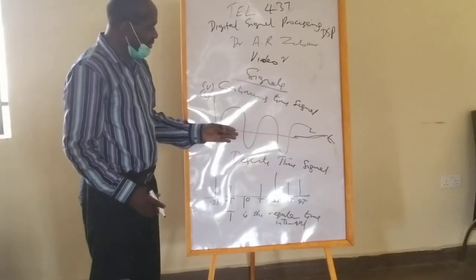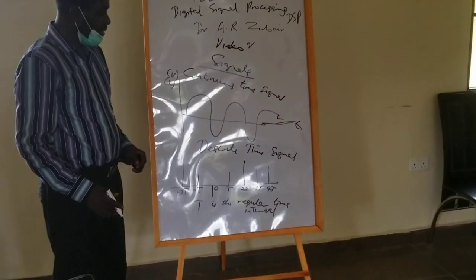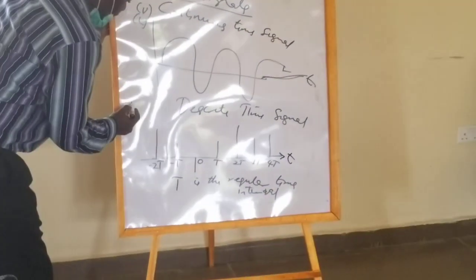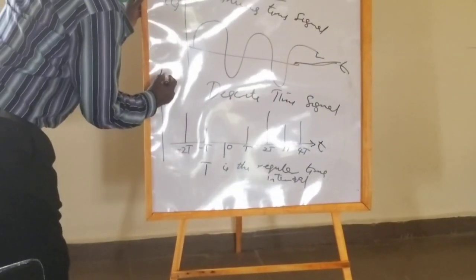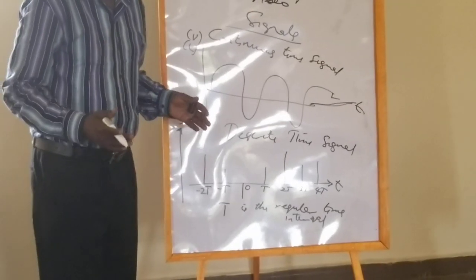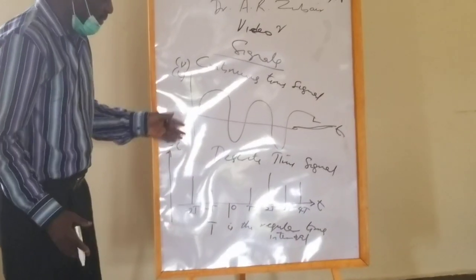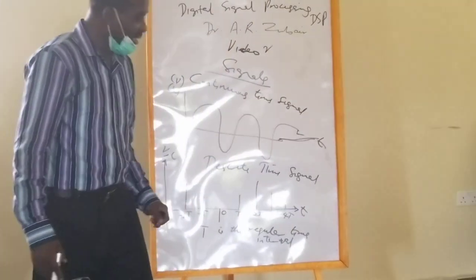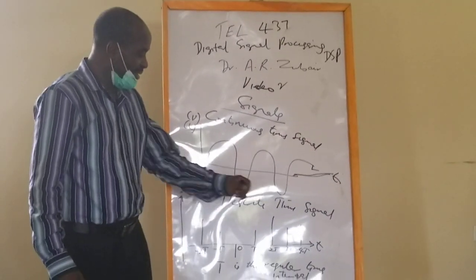Now, this is discrete time signal. This axis is also time. The y-axis can be voltage, can be current, depending on what type of signal we are talking about. So this axis, the independent variable, is time, t.